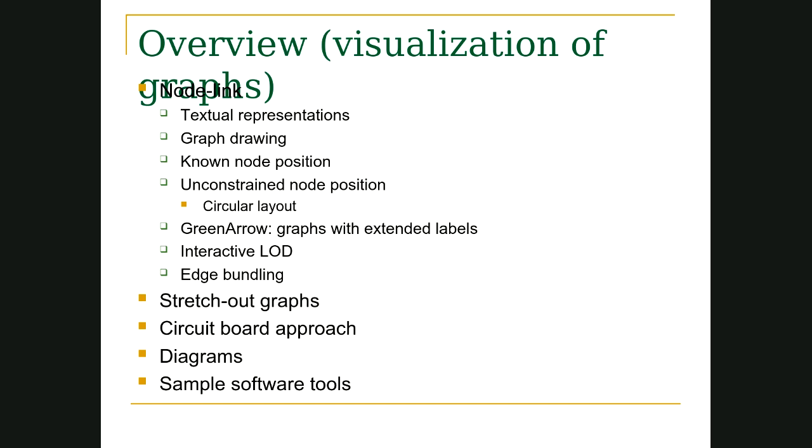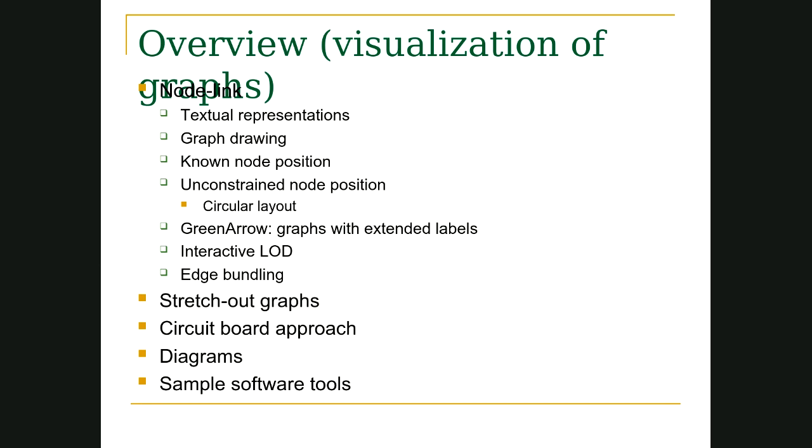Mathematically, it means something different, or it means many things. I know it's a visualization course, but the graph that I talk about here is not a visual thing. It's a mathematical entity, and it represents relations, a type of binary relation. So we're going to look at different types of graph visualization, kind of stretched-out circuit board.